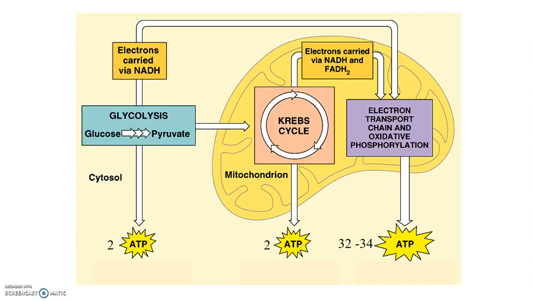There's 3 of them. And so in this image here, it's just kind of a brief overview, kind of 30,000 foot view of what's going on here. The first stage here is called glycolysis.